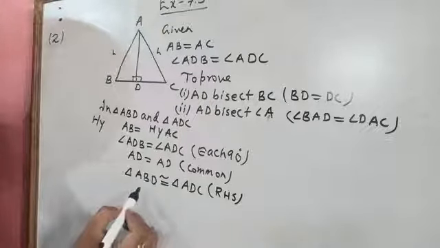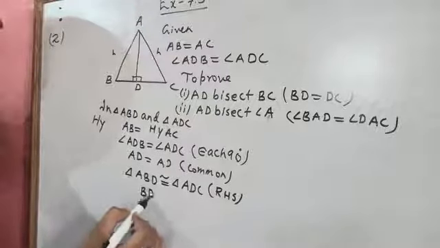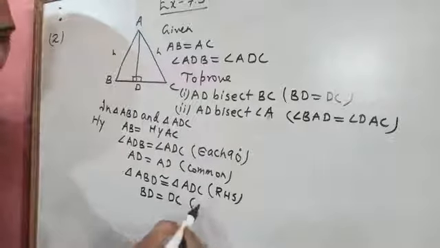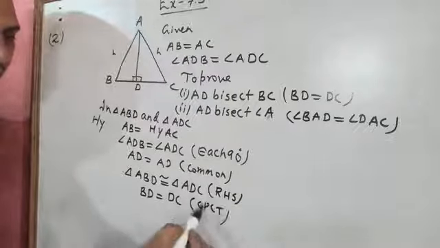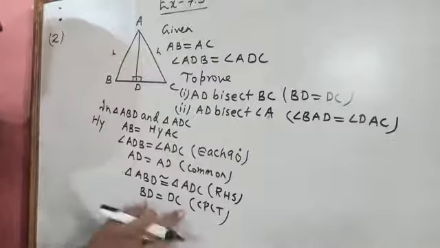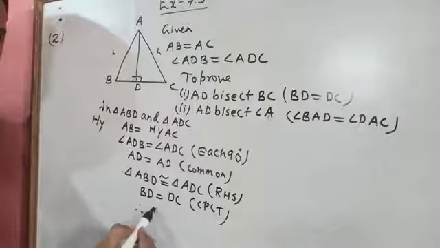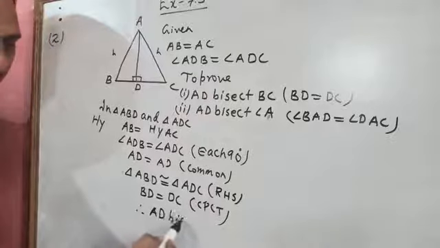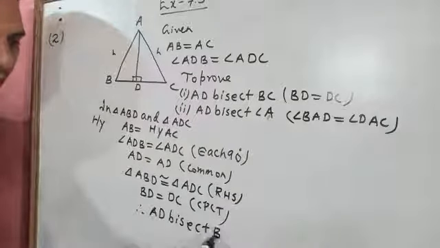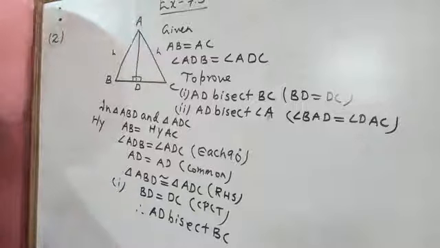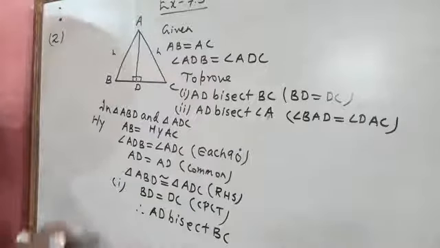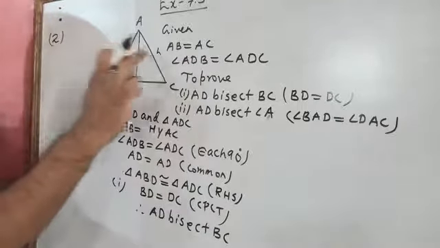Then we can write BD equal to DC because in congruent triangles, all sides and all angles are equal. CPCT. If BD equal to DC, therefore we can write AD bisects BC. This is the first proof. And from the first proof itself, we can write these two triangles are congruent.